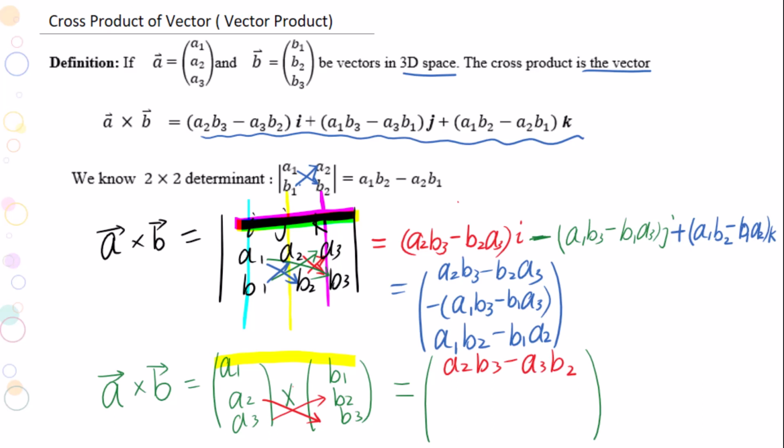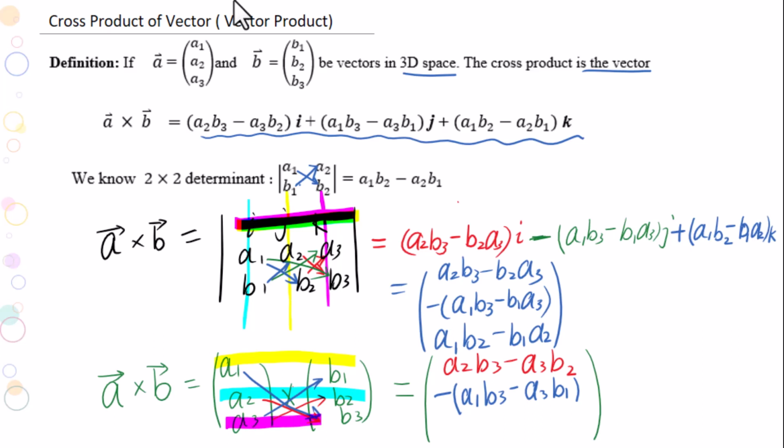Then we cross out the second row, 2 by 2 determinant. Since A1, B1, A3, B3 are separated, we need to put a negative sign: A1 B3 minus A3 B1.